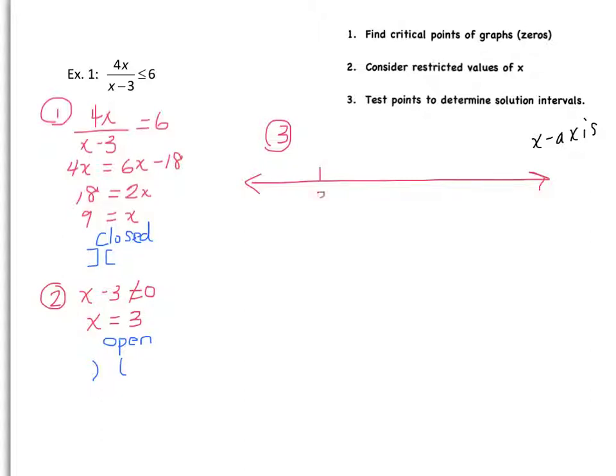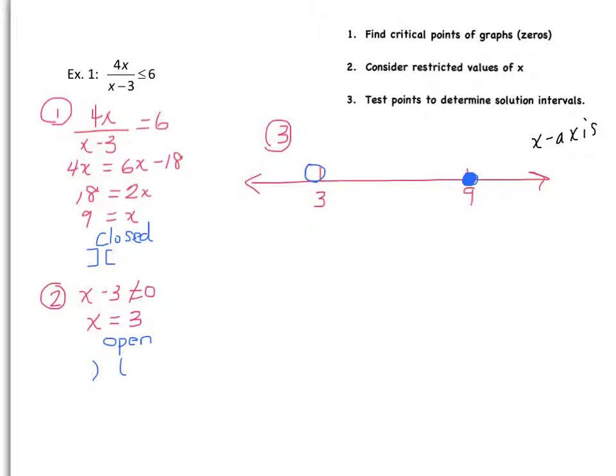So I'll just space them out a little bit. You don't have to include every single value. We understand that we're supposed to have a closed circle on 9 according to what we wrote here, and an open circle on 3.